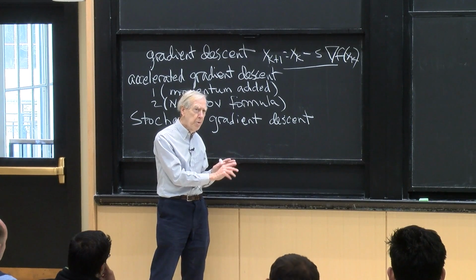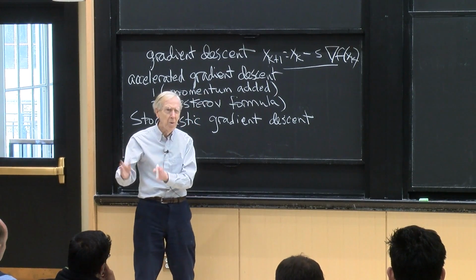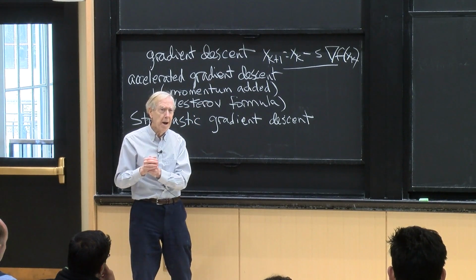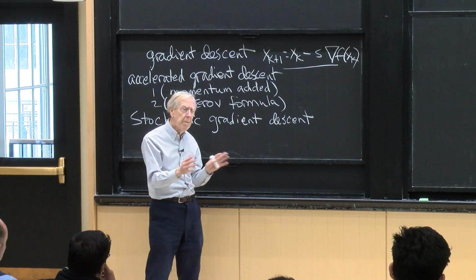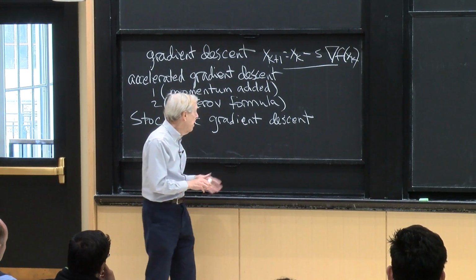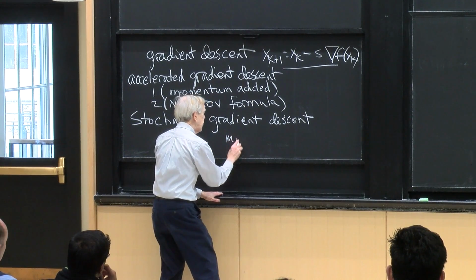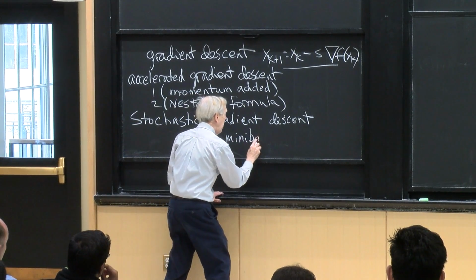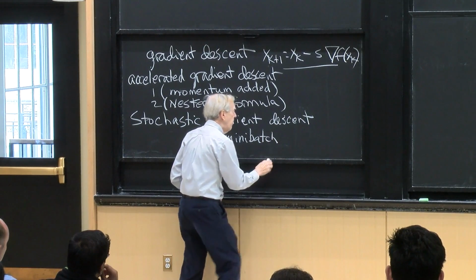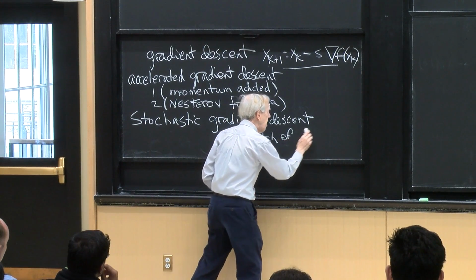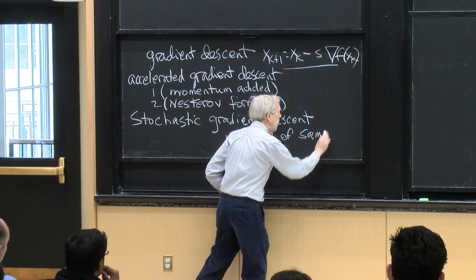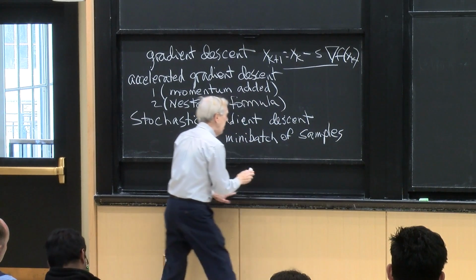So we don't want to do them one at a time, but we don't want to do all million at a time. So the compromise is a mini batch. So stochastic gradient descent does a mini batch at a time. A mini batch of samples, training data, each step.